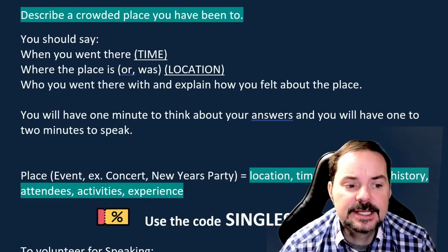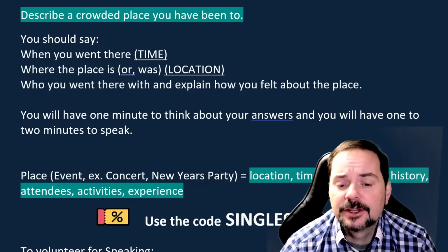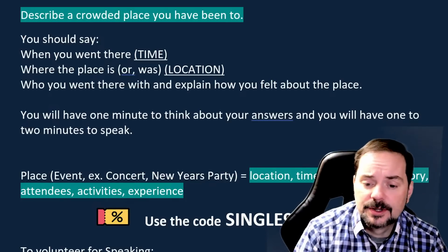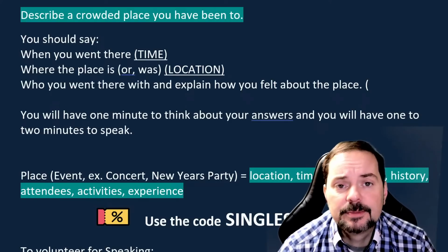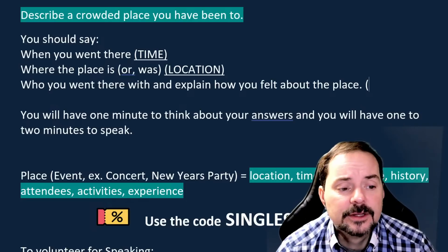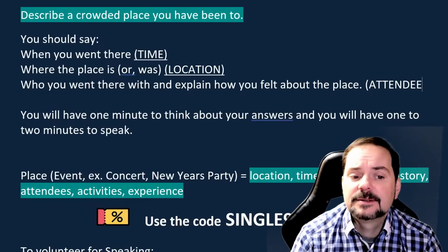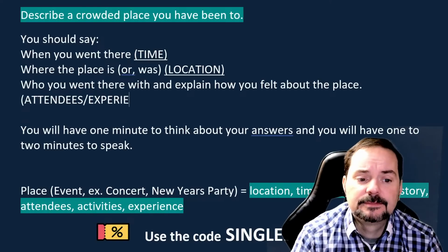So where the place is, who you went there with, and explain how you felt about the place. Now again, like I say, I'm not making up this cue card. This is a cue card with these questions that's very, very similar to one that appeared on the IELTS test in the last few months. So who you went there with is, of course, the attendees and the experience.